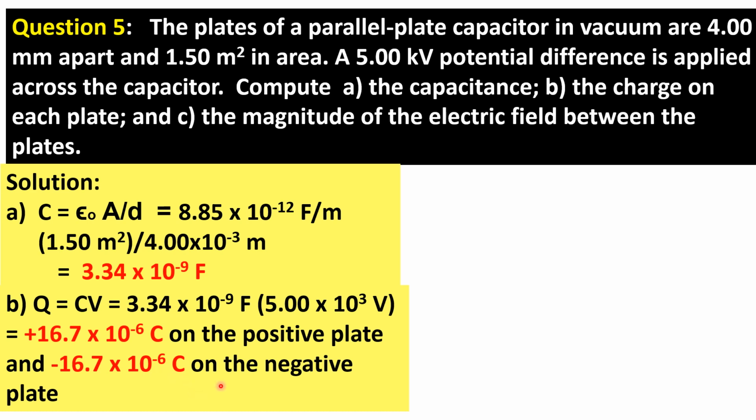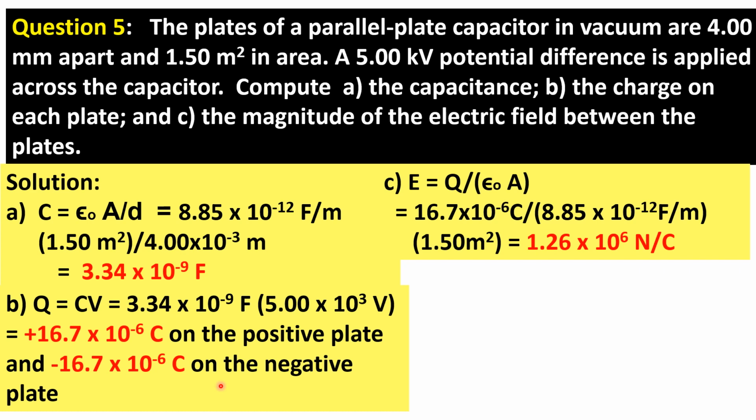And finally, for our last question, letter C, what is the magnitude of the electric field between the plates? We can use this formula that relates electric field to the amount of charge Q and to the permittivity of free space, as well as the area of each plate. And substituting, we already have our value for Q, 16.7 times 10 raised to the negative 6 coulomb divided by that constant.